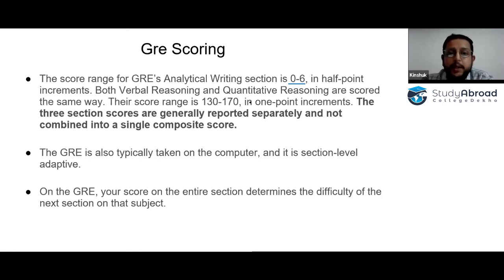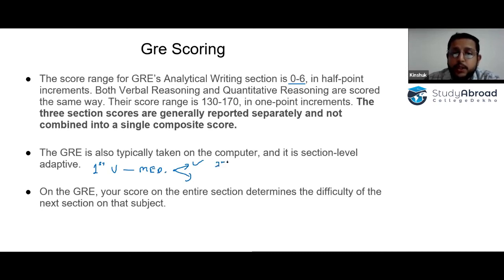Also, you need to understand that there is section level adaptiveness in the GRE test. So what does section level adaptiveness mean? It means that after you attempt a section, let's say the first verbal section, and let's say the difficulty was medium, if you have answered most of the questions correctly and performed well, then you will get a higher difficulty section.